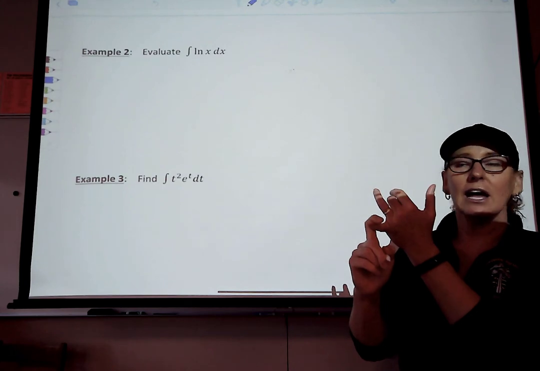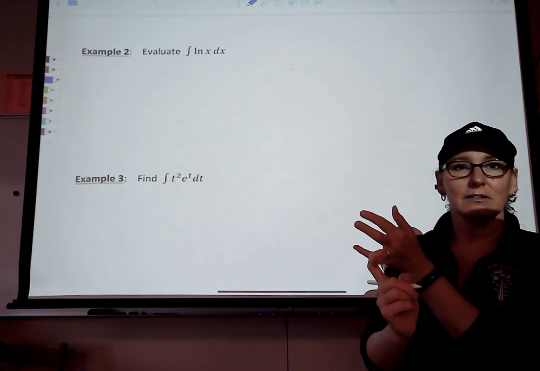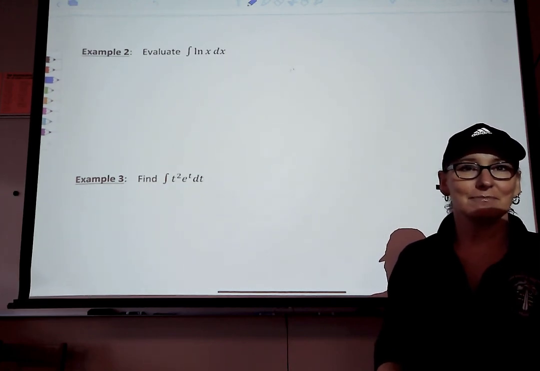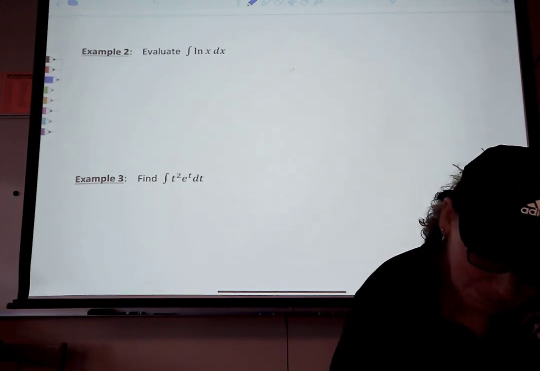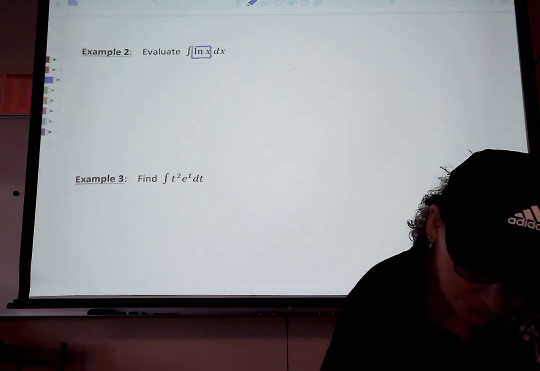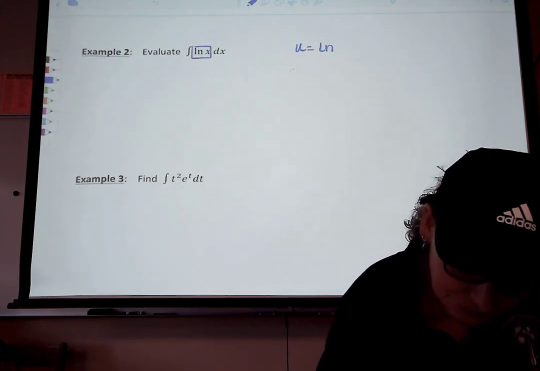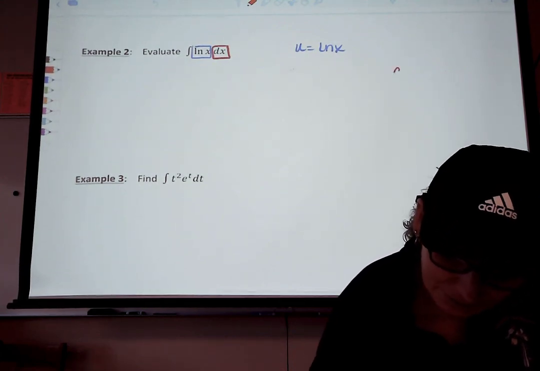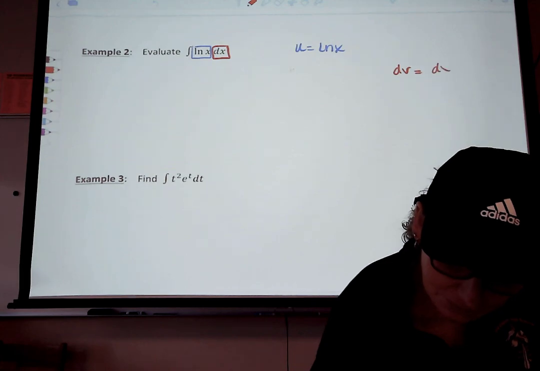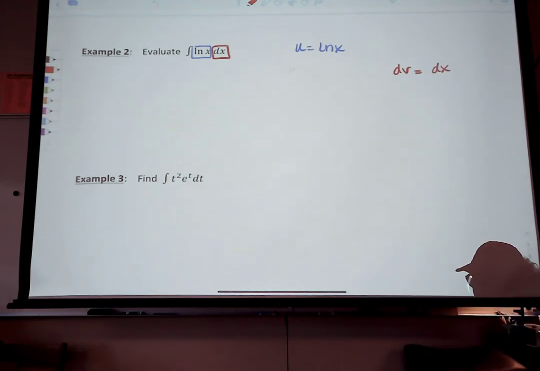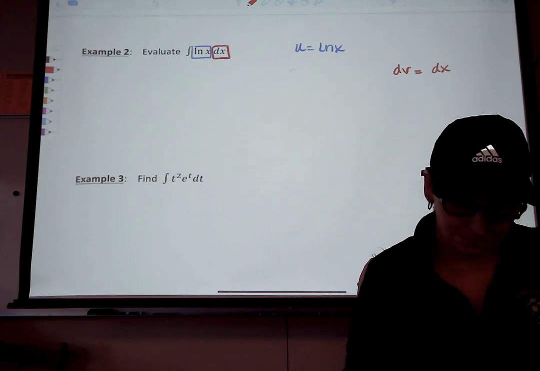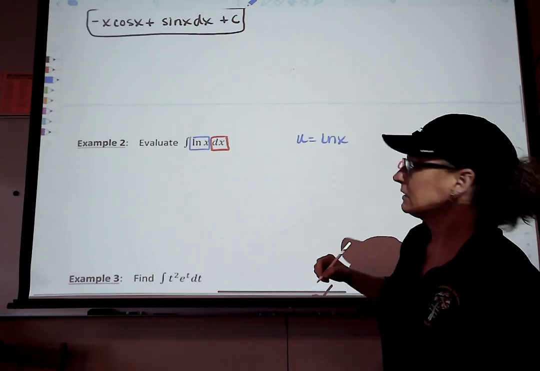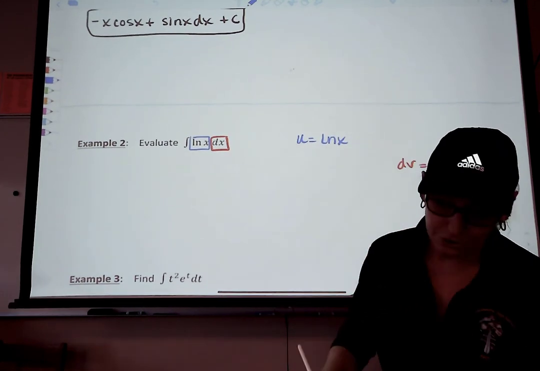Check this one out. Pick a u, everything else becomes dv. There's not much to choose from. Maybe I'll let this be u, which means everything else has to be dv. Finish out the rectangle. If this is u, what's du?